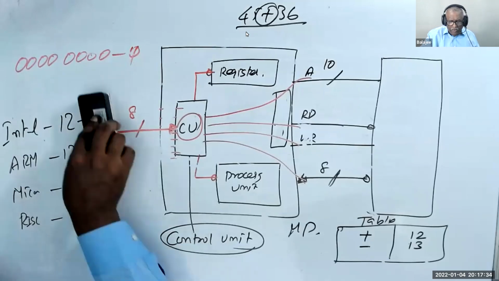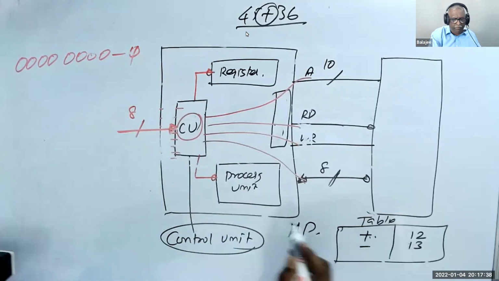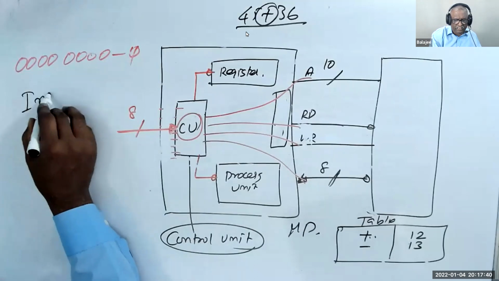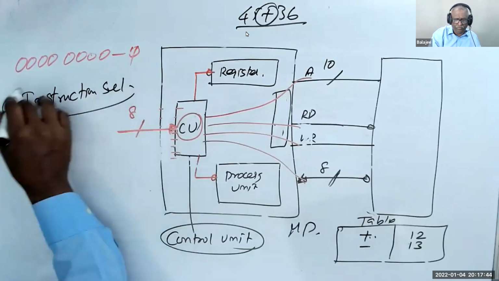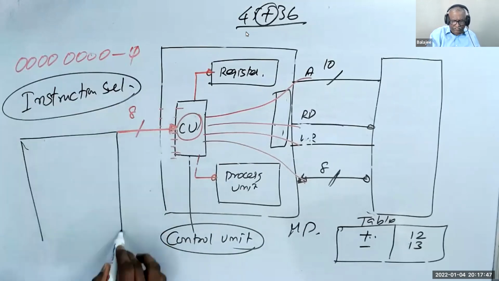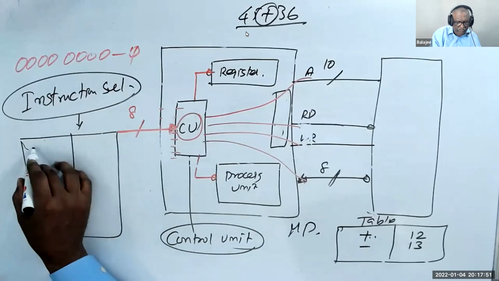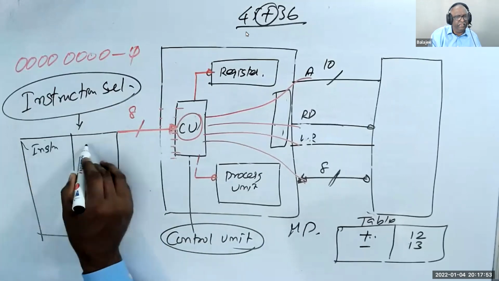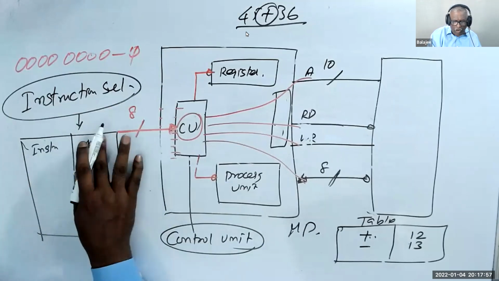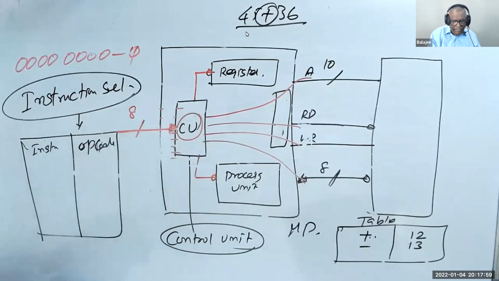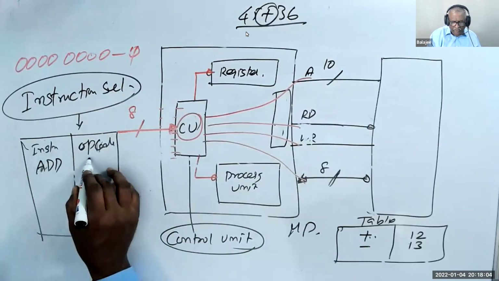So what happens? When you use a specific microprocessor, you have to be given a table. This table is called the instruction set. Each microprocessor manufacturer gives you the table for every instruction. There is an operation code, they call it opcode, that means addition, say 41.